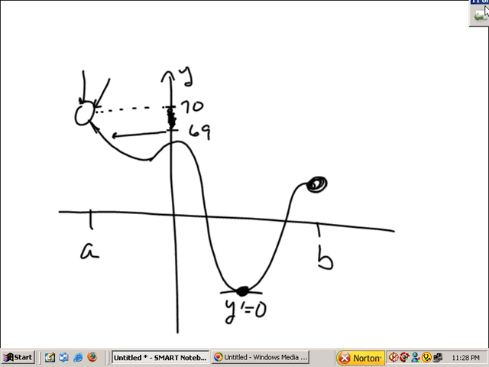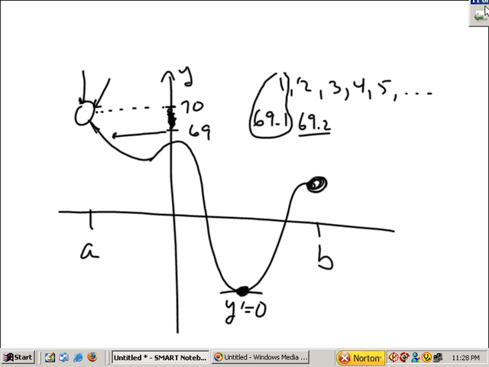Lots of them. There are as many numbers as the list 1, 2, 3, 4, 5, 6, 7, etc., as there are numbers between 69 and 70. I mean, how about 69.1? We'll call that the first number. 69.2, we can call that the second number. 69.3, we'll call that the third number between 69 and 70.